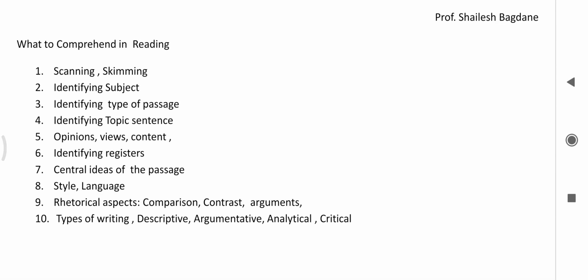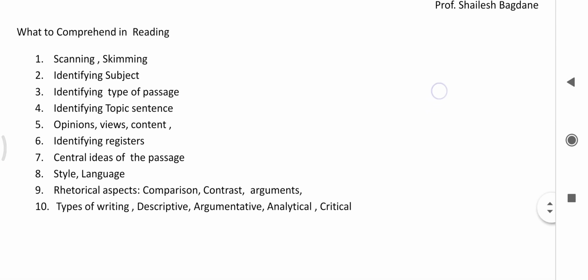See what we have to comprehend in our reading strategies. As we have gone through the types of reading, reading needs serious concern. You have to pay your attention, concentrate, use your linguistic skills, the earlier language skills, and it all helps in understanding the proper code the language is using for us.